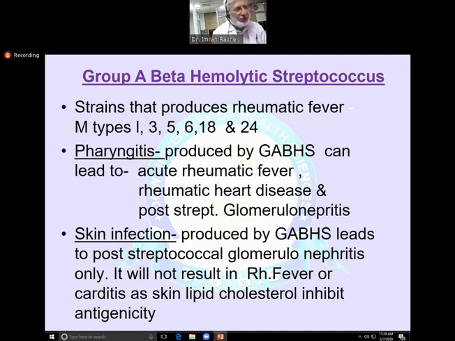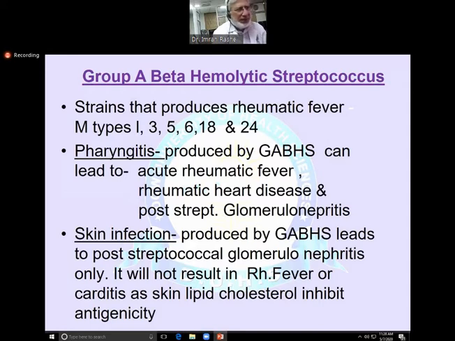But those strains of group A beta hemolytic streptococci that cause skin infection only result in post-streptococcal glomerulonephritis. It will not result in rheumatic fever or carditis, as skin lipid cholesterol inhibits antigenicity.